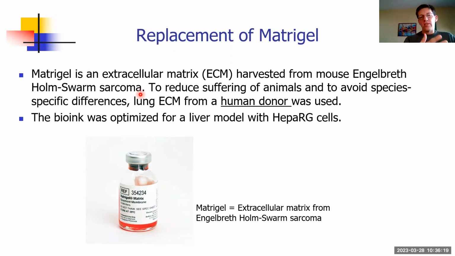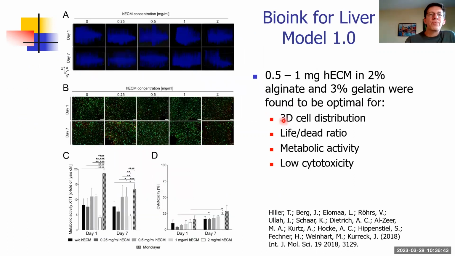So to replace the use of matrigel for our next study, the liver model, we used an extracellular matrix from a human donor. And then we used the bioink for the liver model with HepaRG cells, which are the best cells, immortalized cells. So it's the best cell line for liver experiments. This probably looks pretty familiar to you.